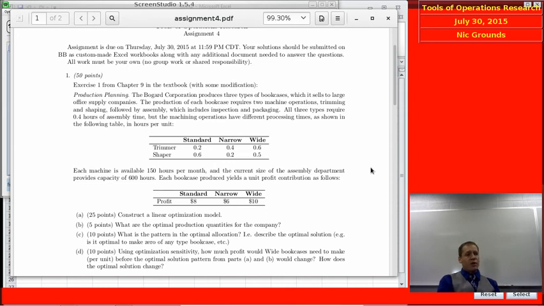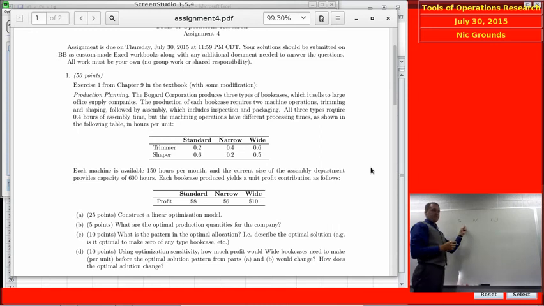So let's just say, for example, I'll use the board behind me. Since we have standard, narrow, and wide, we'll just use variables S, N, and W as the decision variables. So we need to find values to assign to those 3 variables, to decide how many standard bookcases to make, how many narrow, and how many wide bookcases to make.